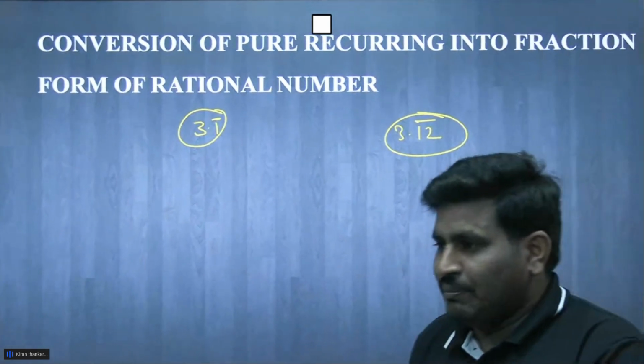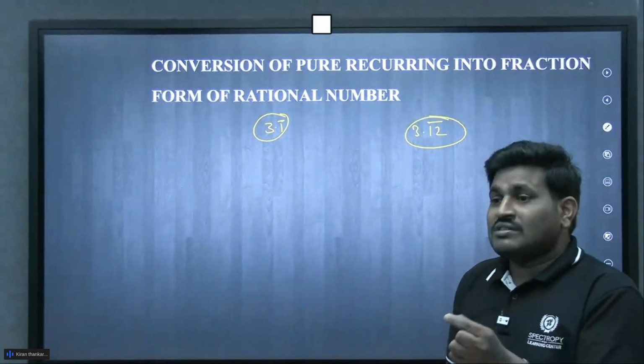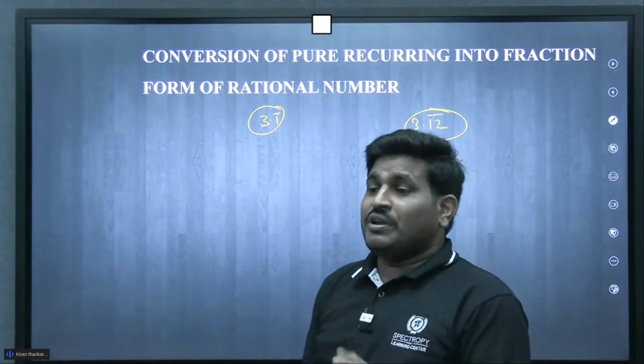In this decimal number, what is the period and what is the periodicity?